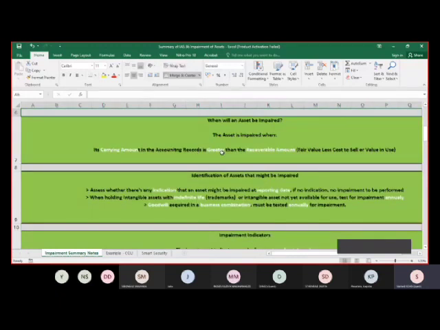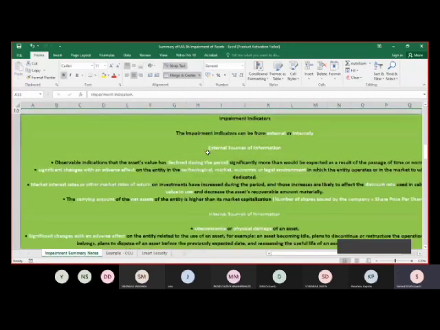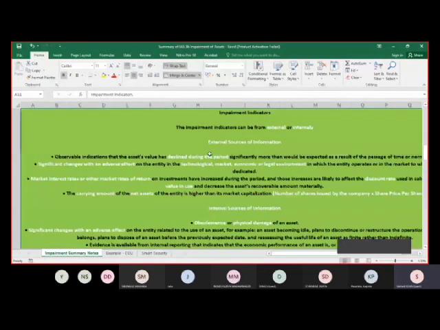So there are a lot of factors that can affect the entity's assets in terms of whether they are impaired or not. Maybe some of the assets that you have are impacted by international news or whatever, and then you might have to consider that for impairment.